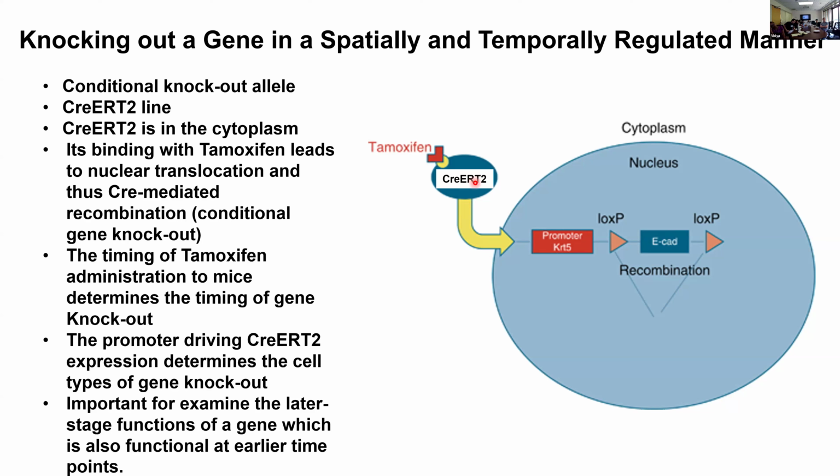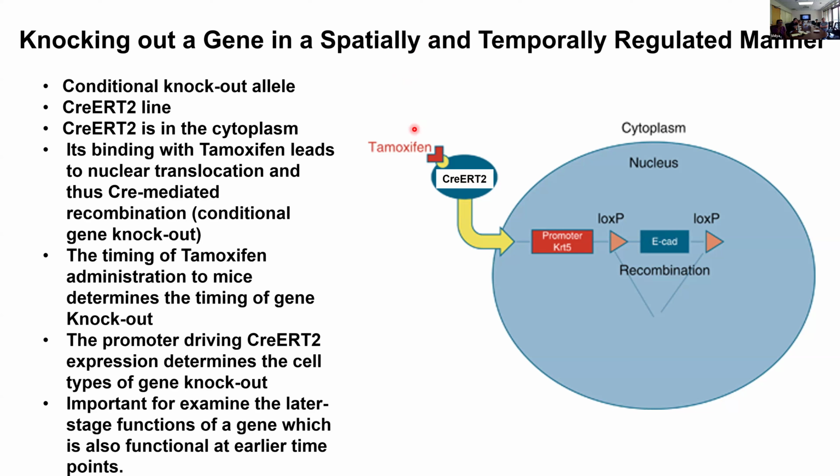But what we want the Cre to do is to recombine the genome, the DNA, to recognize the two LOXPs and induce recombination. In the cytoplasm, it's not going to do anything. So it doesn't matter that it's expressed in renin cells, it's not functioning until you determine this is the time you want it to work.